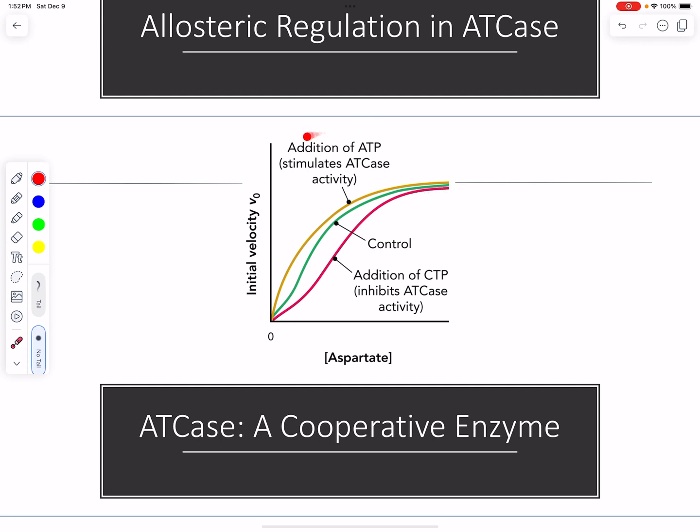Now, when you add the activator ATP, it changes the shape of the curve, so it looks more like the behavior of a Michaelis-Menten enzyme. It also shifts the affinity for aspartate, so it is higher affinity, the curve shifts left, and the reaction goes faster and produces product faster.